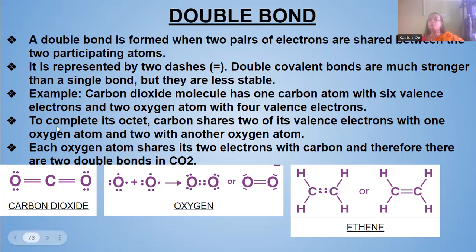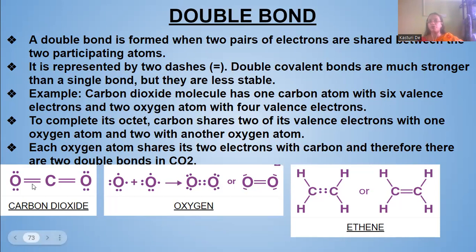So to complete its octet, carbon shares 2 of its valence electrons with 1 oxygen atom and 2 with another oxygen atom. Oxygen requires 2 electrons to form the octet, and carbon would have to lose 4 electrons. So that's why 2 to each oxygen atom, forming carbon dioxide.